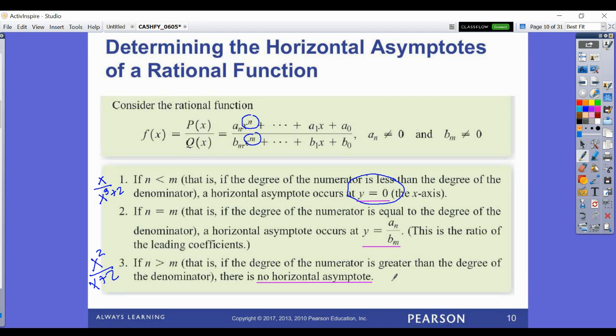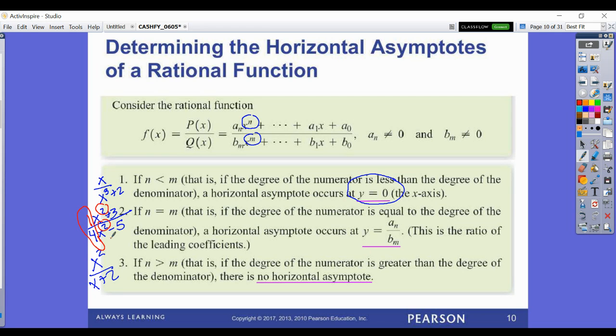They're not flattening out. And then the last thing would be if they're both the same. So if I have something like x squared plus 3 over 4x squared minus 5, where these both have the same degree on my x's, then what you do is you look at the coefficient of them. So the number that's in front of x squared on top would be a 1, and on bottom would be a 4.